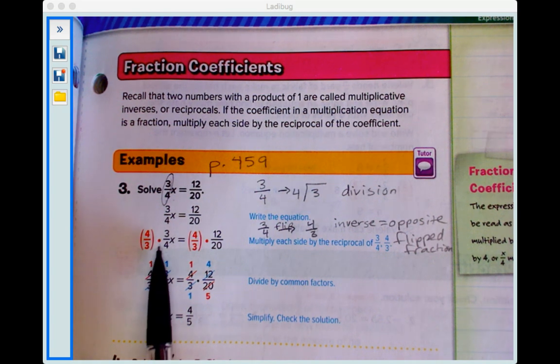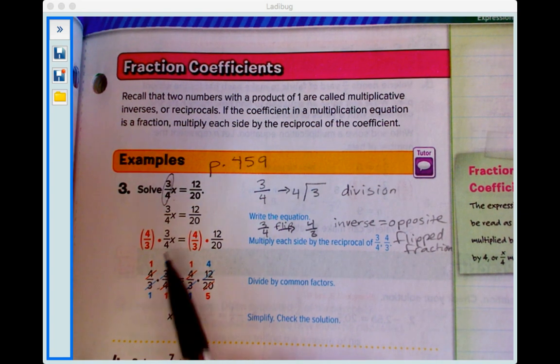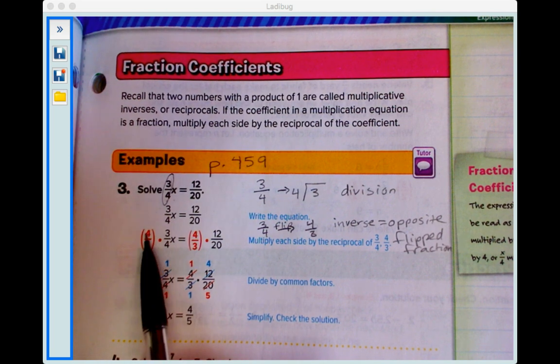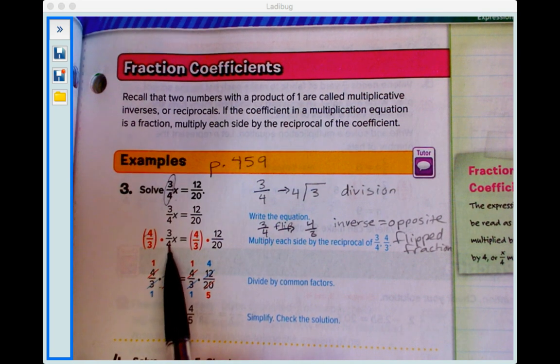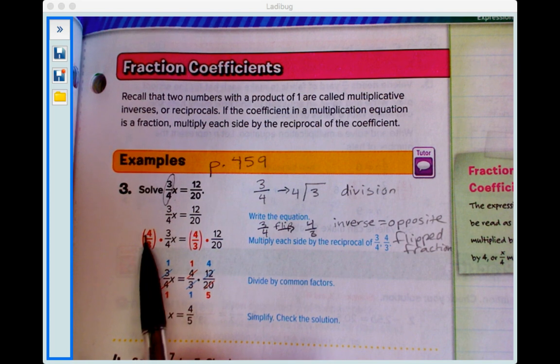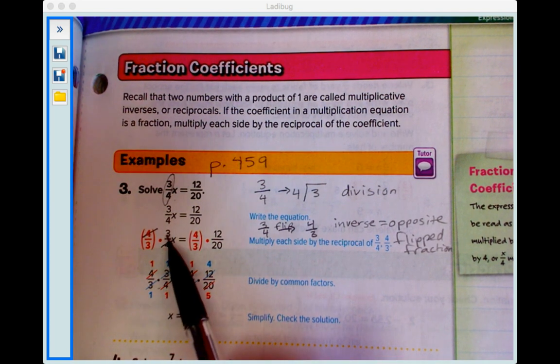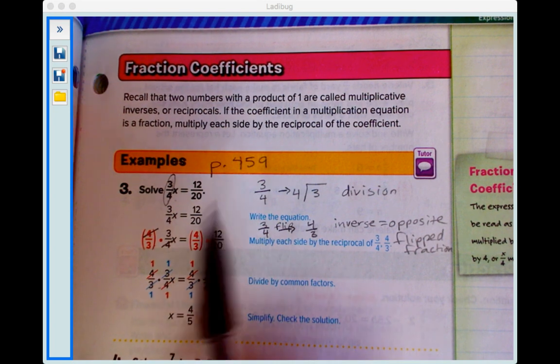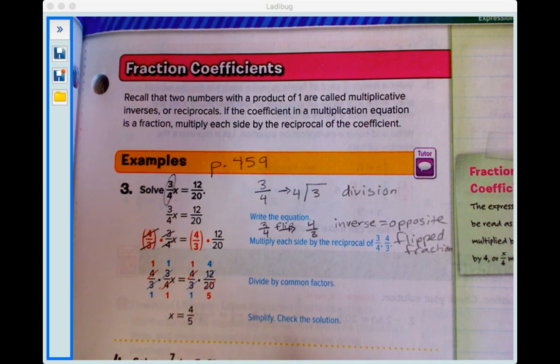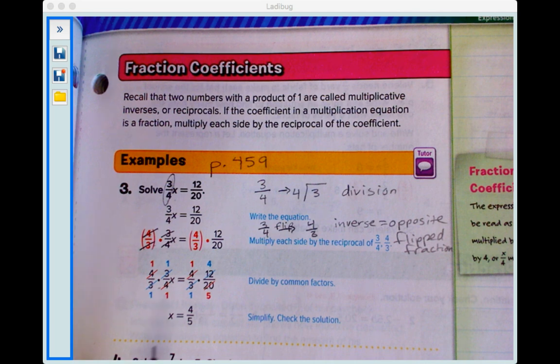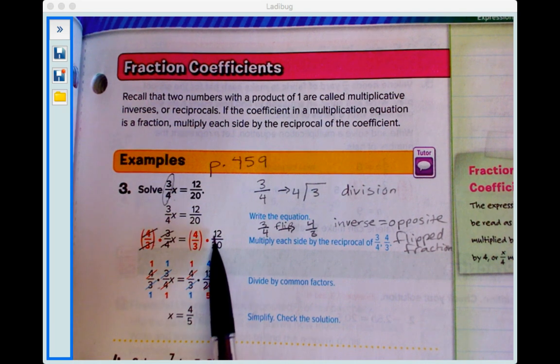We do this because to get rid of the 4, if it's on top and bottom, you can get rid of it. So 4 and 4 are gone. The 3 is also on top and on bottom, so you would cross that off. Still, look for that over here. Is there a 3 or a 4?